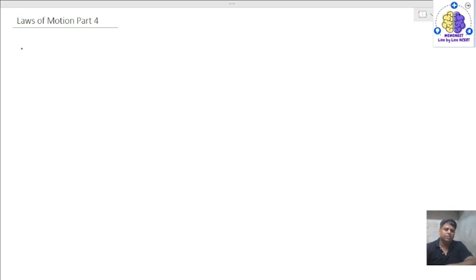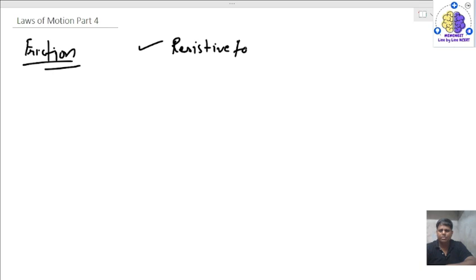We can talk about three points when we talk about friction. Friction is a resistive force, which means it is always in the direction opposite to the direction of motion. Second thing is it is self-adjusting.